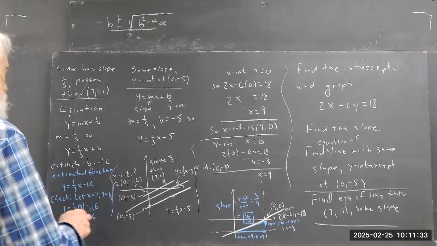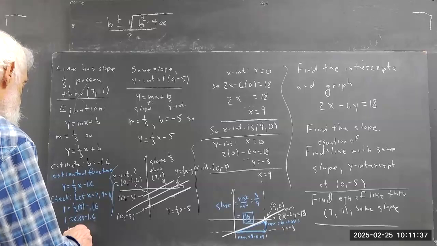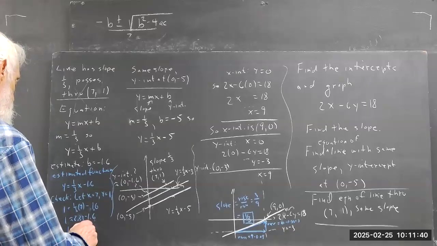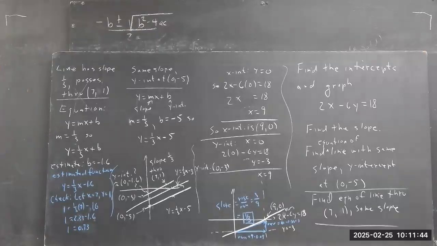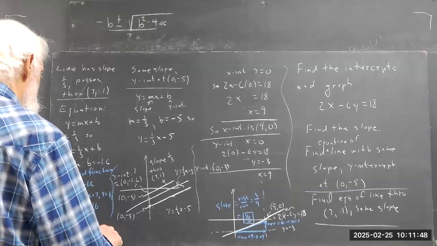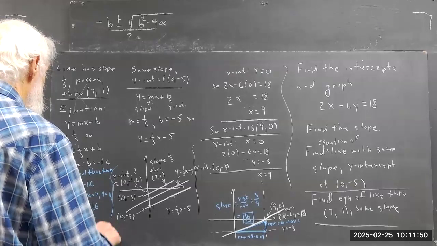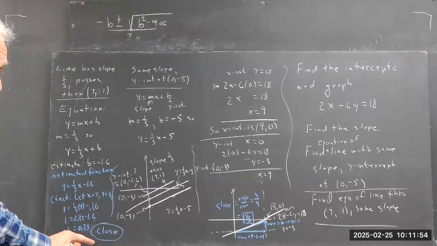So 2.33 minus 1.6 is about 0.73. Okay? Close. Wasn't a bad estimate.